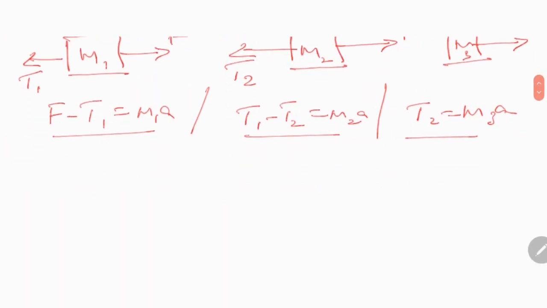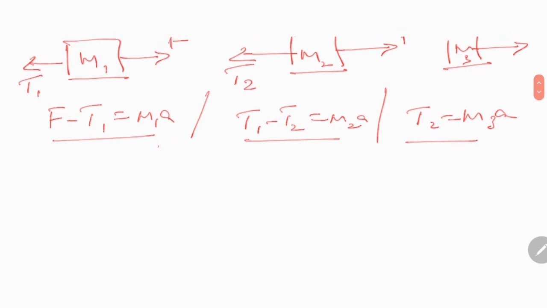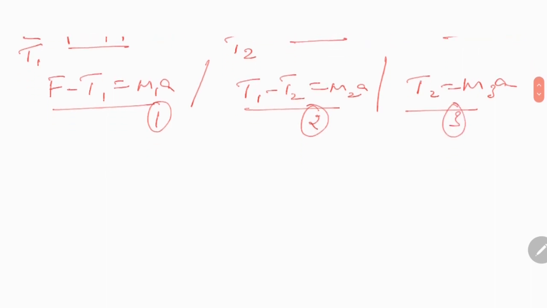Now that we have three equations, if I add equation number 1, equation number 2 and equation number 3, what I'll get is F is equal to M1A plus M2A plus M3A.